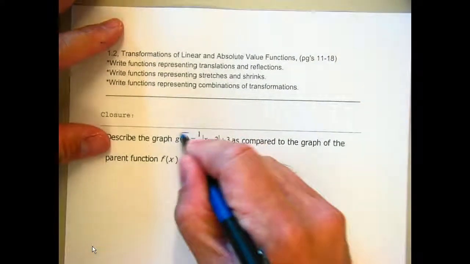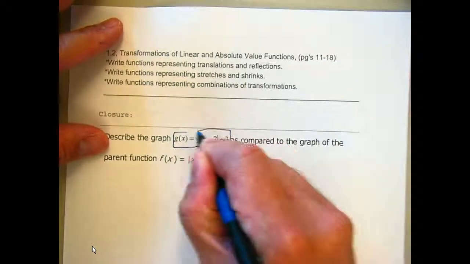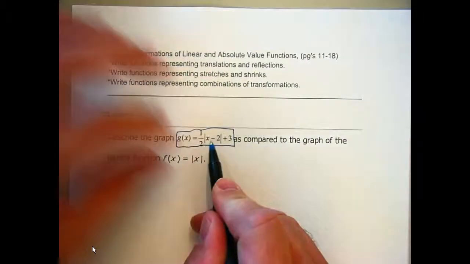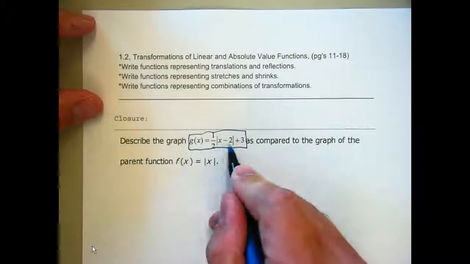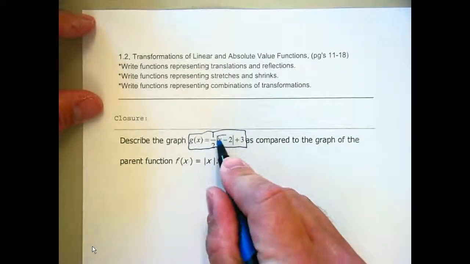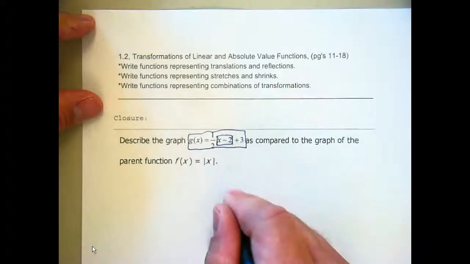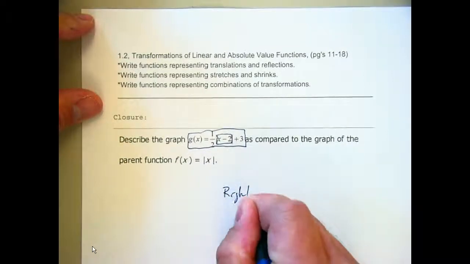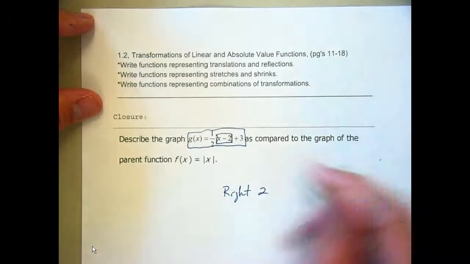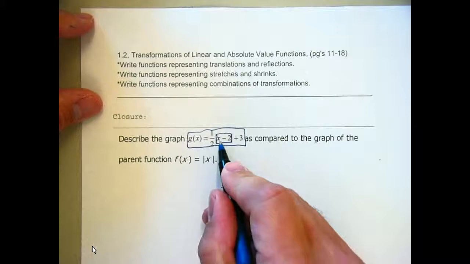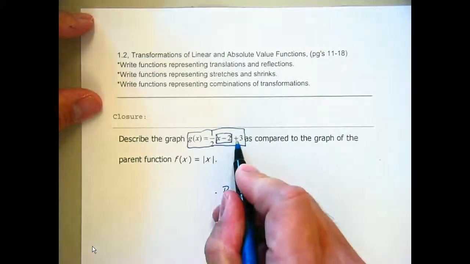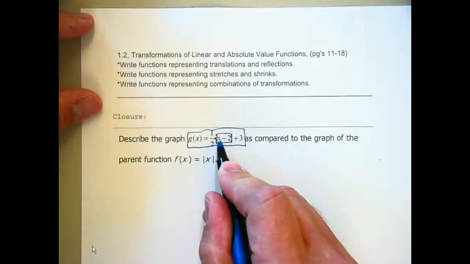When you're given the function and trying to describe it, work from the inside outward. So inside here, what's happening? Right 2. And then, what's attached to it? This is being added, this is being multiplied. So deal with this block here.